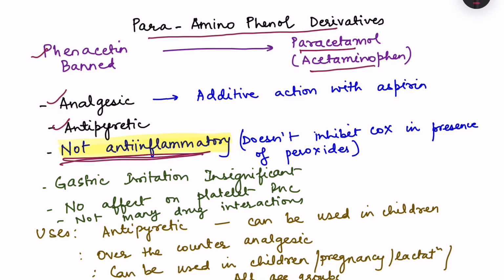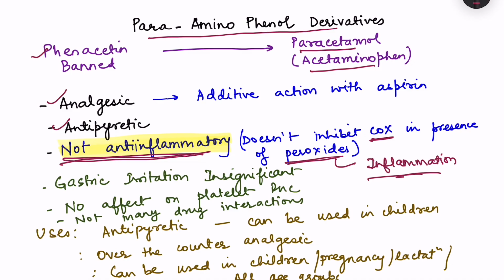Why doesn't it have anti-inflammatory action? Because it cannot inhibit the cyclooxygenase enzyme in presence of peroxides. Peroxides are produced at sites of inflammation, where we want the anti-inflammatory action. But because these peroxides are produced, COX cannot be inhibited by paracetamol, right? But it has many advantages.